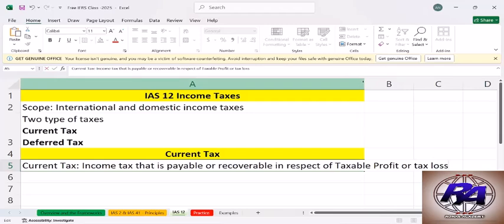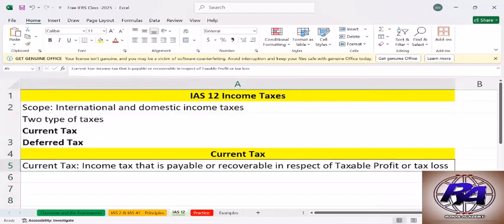All right, so current tax is the amount of income tax that is payable or recoverable in respect of our taxable profits. So there is something we call taxable profit.